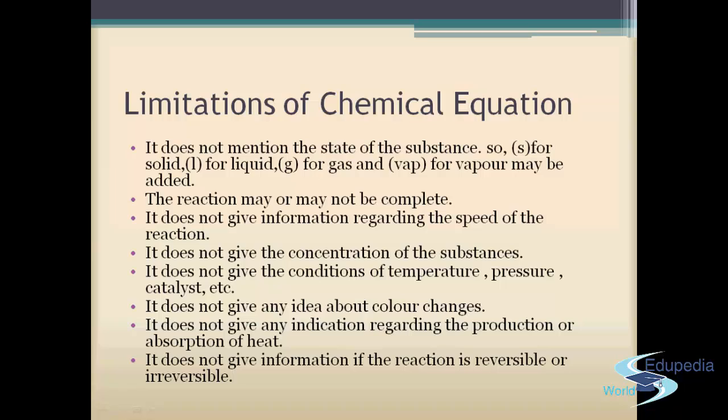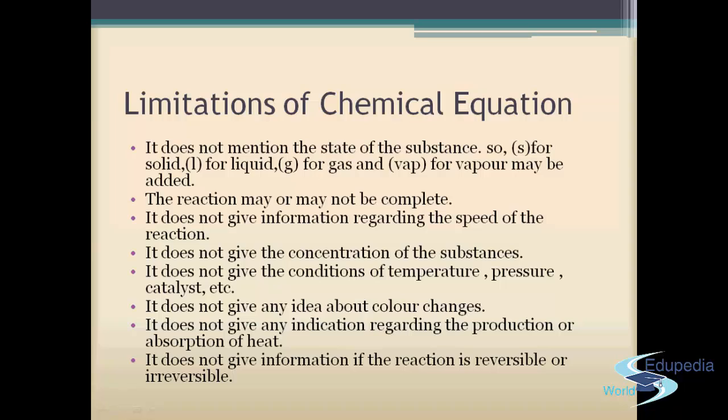This also tells about the molecular mass, that is, we can calculate the molecular mass of both sides of the compounds. And it also proves the law of conservation of mass, that is, the total number of atoms on the two sides of the equation is the same.